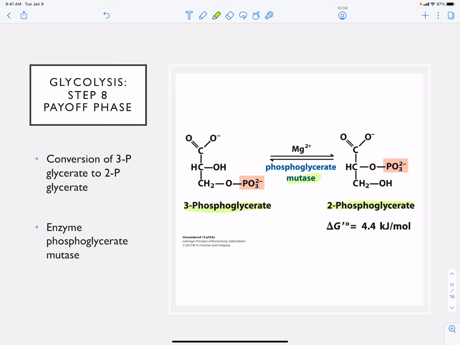What basically has to happen is you're going to have an intermediate, which is going to be a bisphosphoglycerate, and so your bisphosphoglycerate is going to be a 2,3.